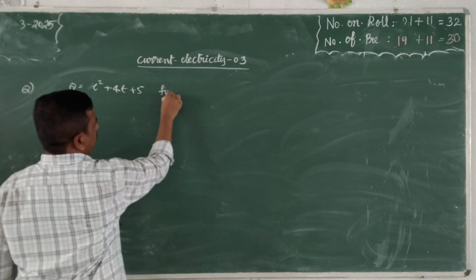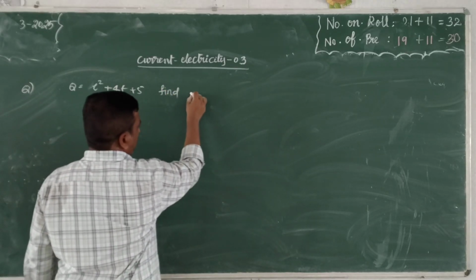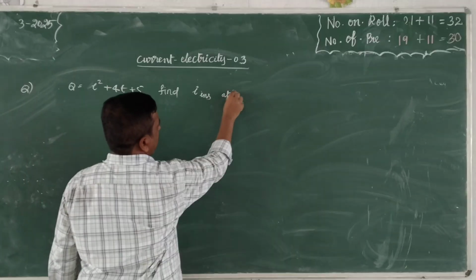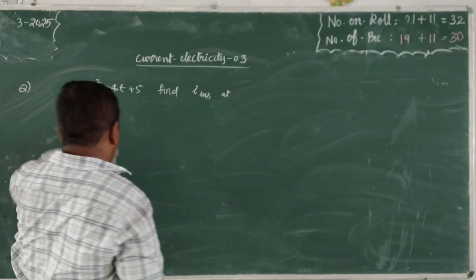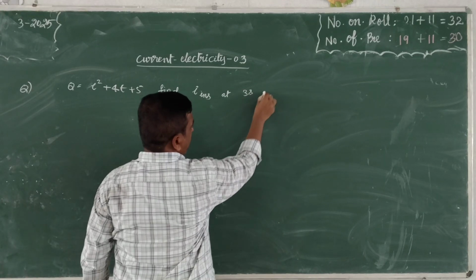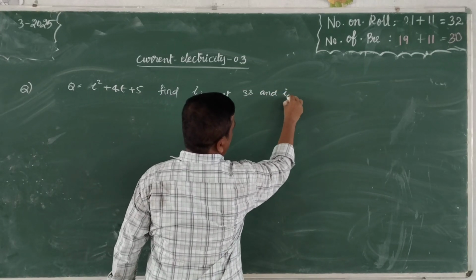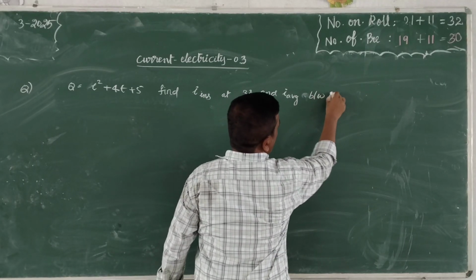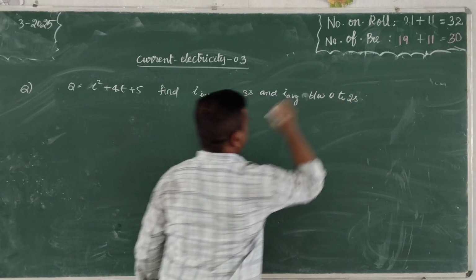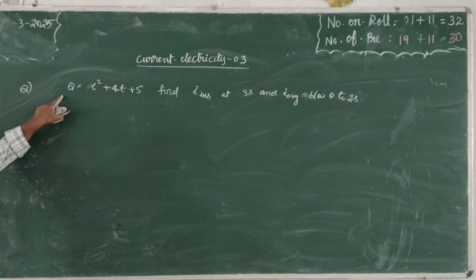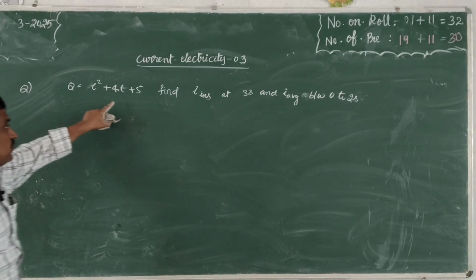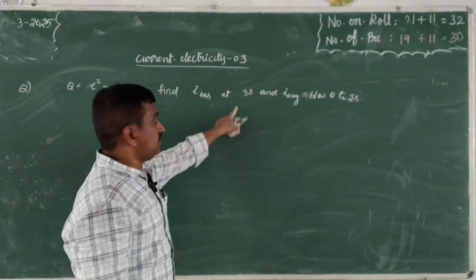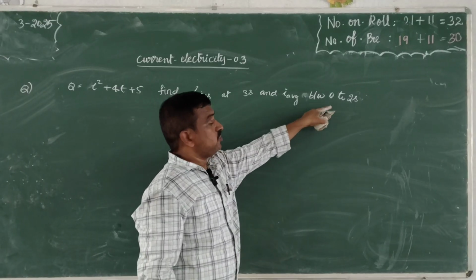Find I instantaneous at 3 seconds, and I average between 0 to 2 seconds. First, q is the charge they give: t square plus 4t plus 5. Find I instantaneous at the third second, and I average between 0 to 2 seconds.